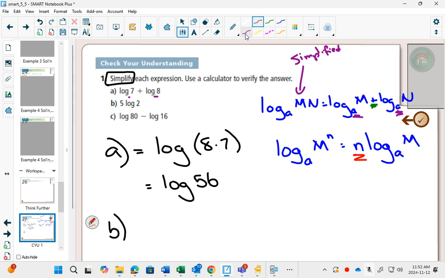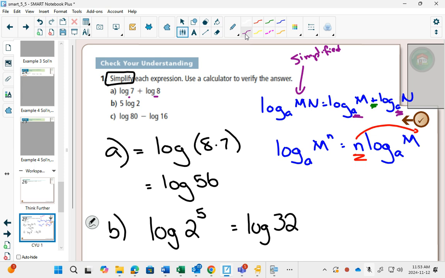And that number in front can go in as the exponent to the left-hand side. So part B, I could rewrite this as log of 2 to the 5, which, if I wanted to multiply that out, is 32.